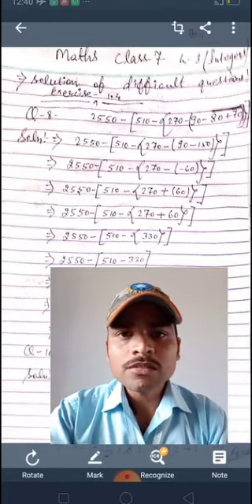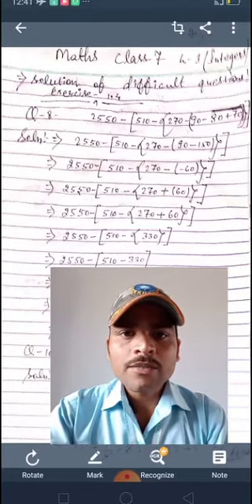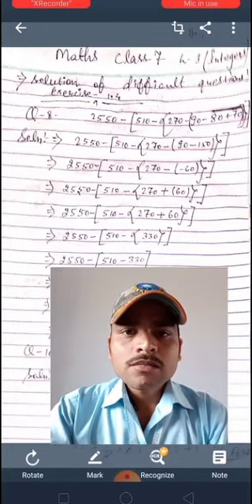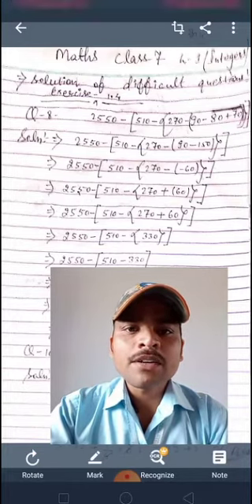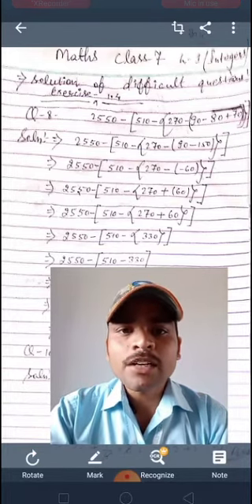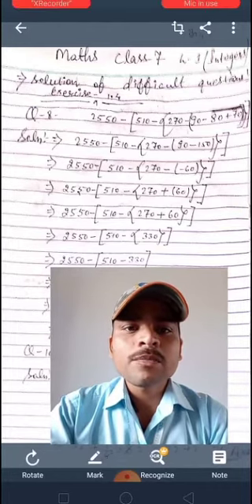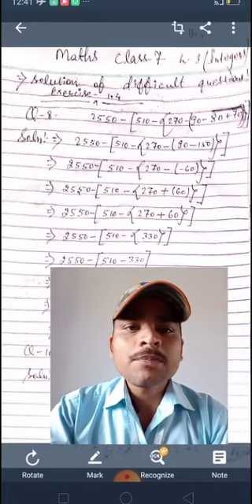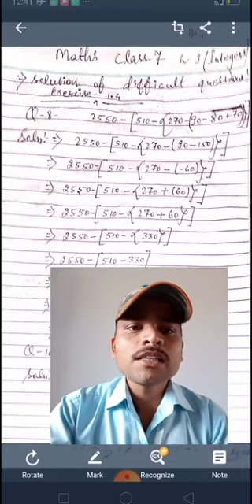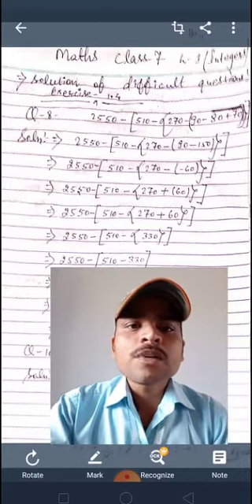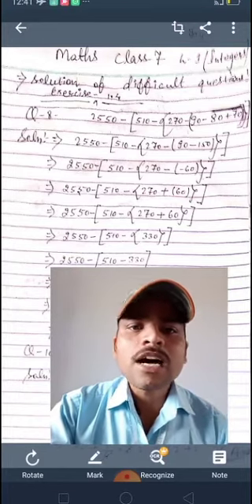Exercise 1.4, question number 8. 2550 minus open bracket of big bracket 510 minus open bracket of middle bracket 270 minus open bracket of a small bracket 90 minus 80 plus 70 upon vinculum, and at last the close bracket of a smallest, middle and larger bracket.